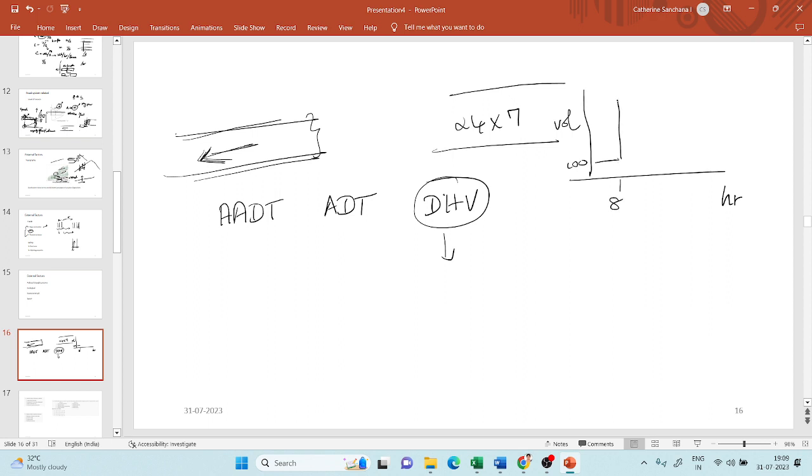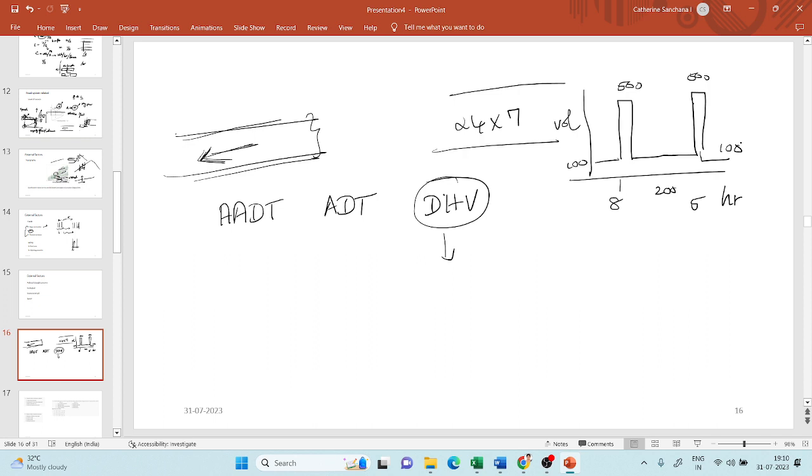Then from 8 to 9, it is going to have 500 vehicles crossing a section traveling on the roadway. And maybe the remaining, it is going to have, say, 200 vehicles. And then again in the evening, around 5 to 6, it is going to have, say, 550 vehicles, and again it is going to go back to 100 vehicles, say something like this.